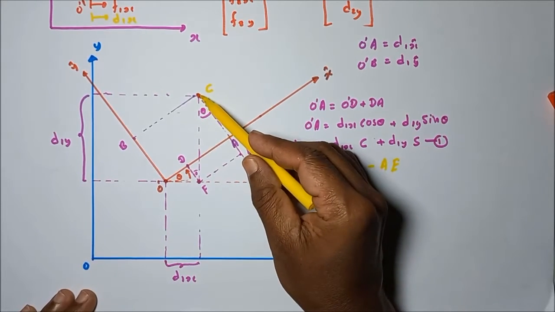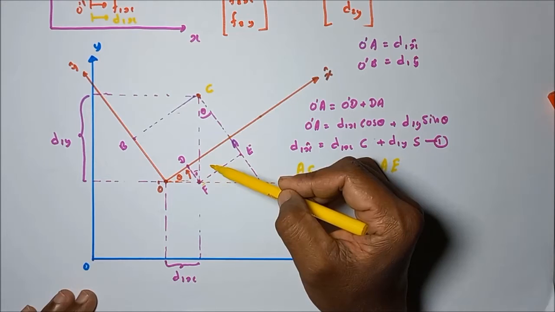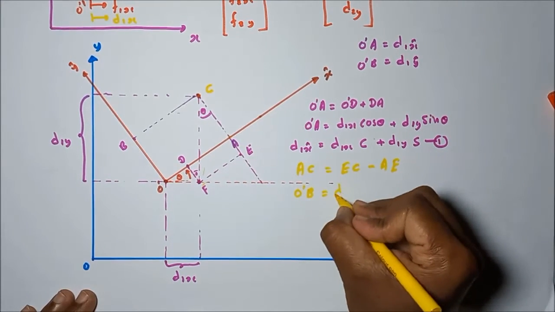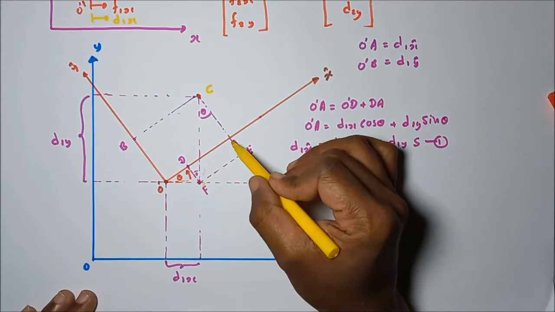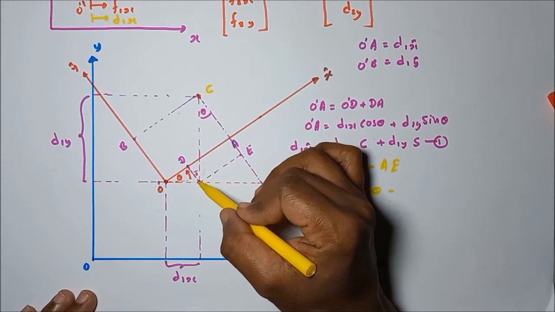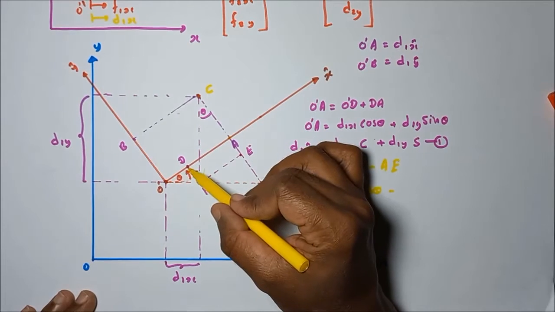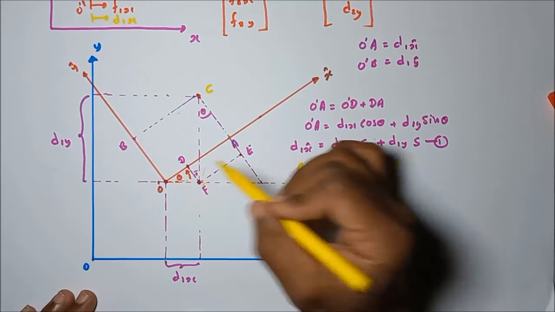From triangle CFE, this height is equal to d1y cos theta, minus AE. What is AE? AE is equal to DF, from triangle D O dash F, d1x sin theta.